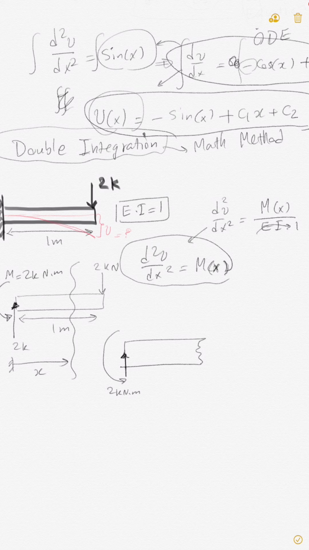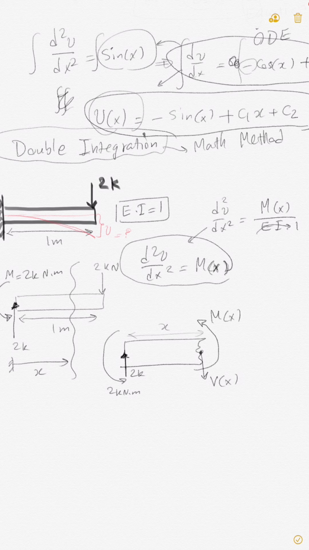You already have a vertical force, which is 2K upward. And from here to here is x. And here you're going to get V of x like we did before, shear force, and M of x.